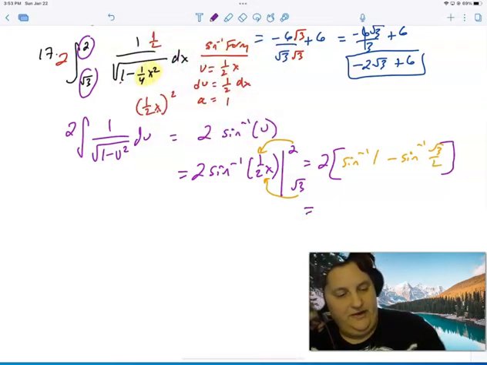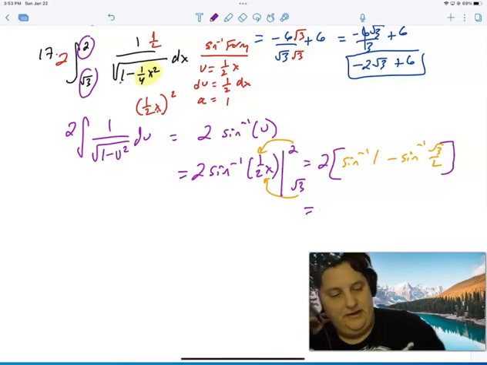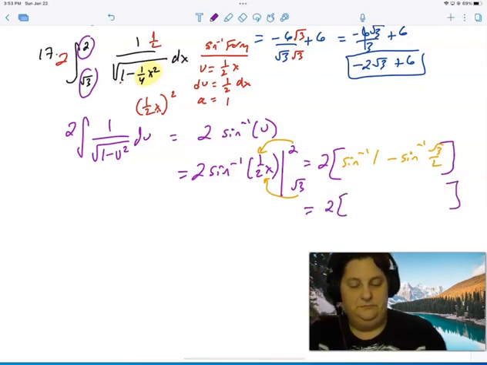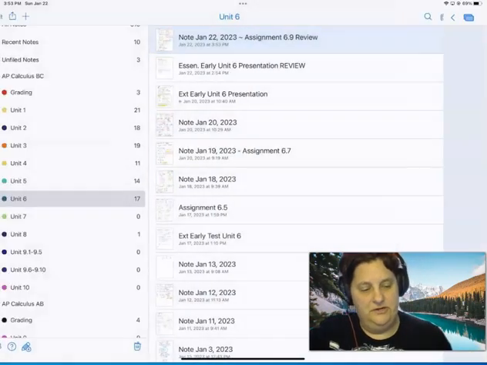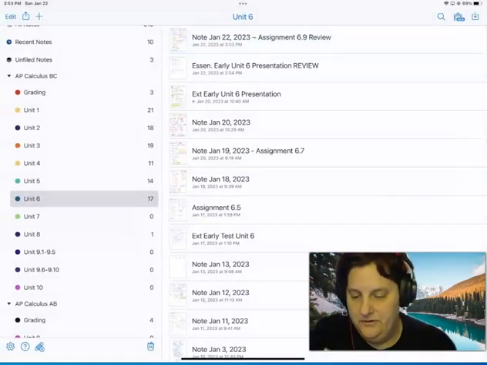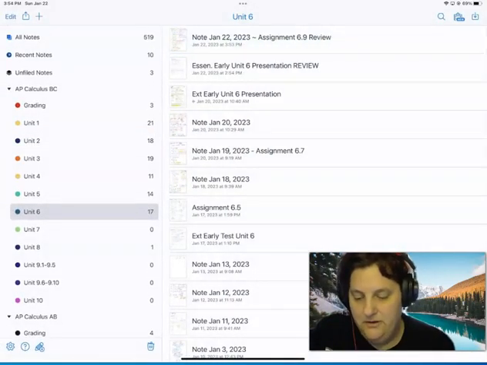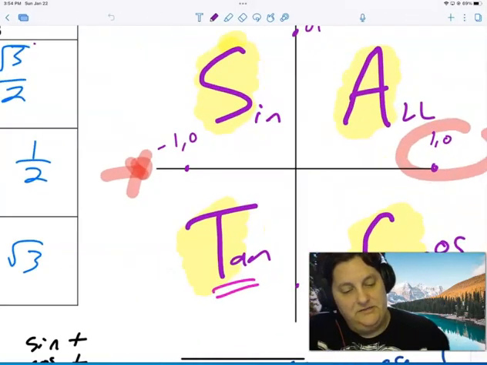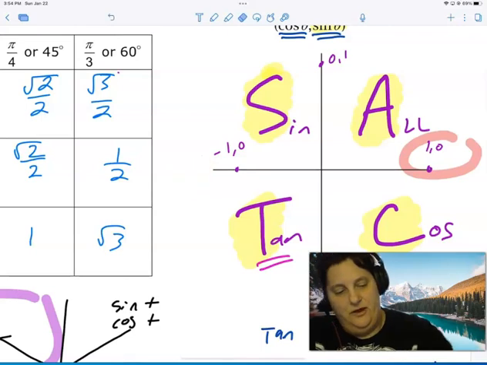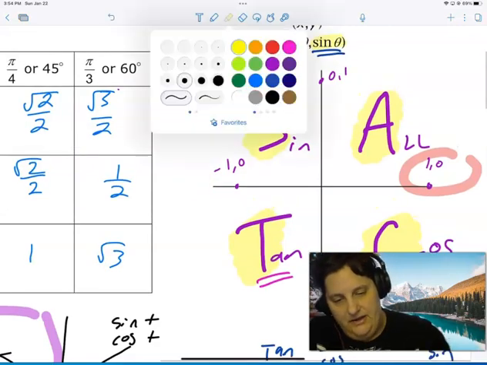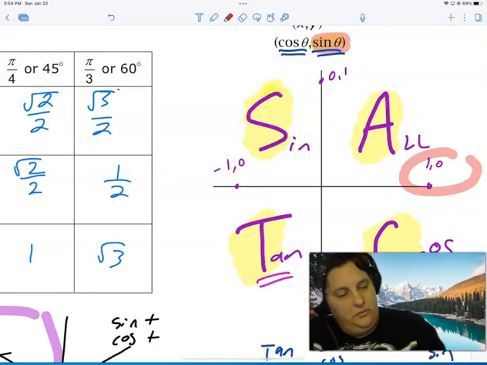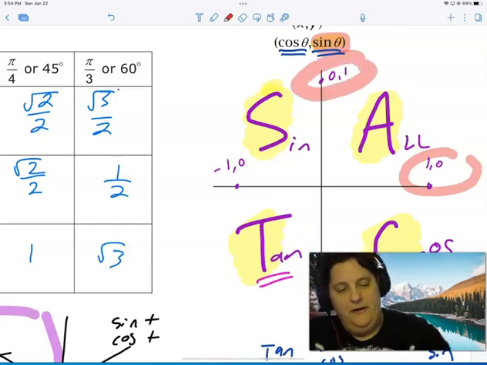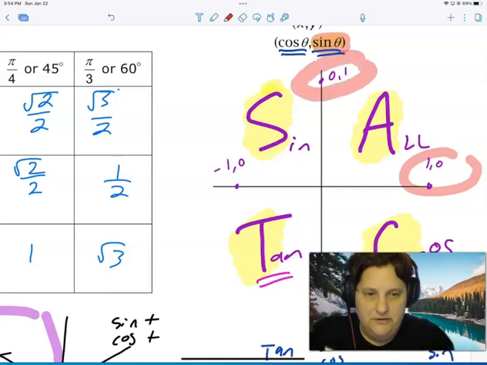Okay? And so when I'm evaluating this, again, that's a trig chart thing. Inverse sine of 1, inverse sine root 3 over 2. Okay, so let's see here. Inverse sine of 1, that's going to be over on this side of the graph, you guys. And sine is the y coordinate. So where does the y coordinate equal 1? Up there, and that's pi over 2.